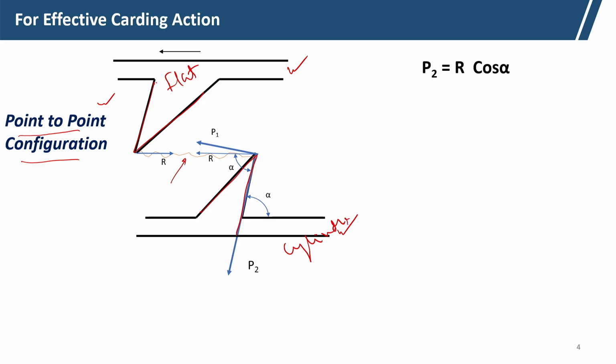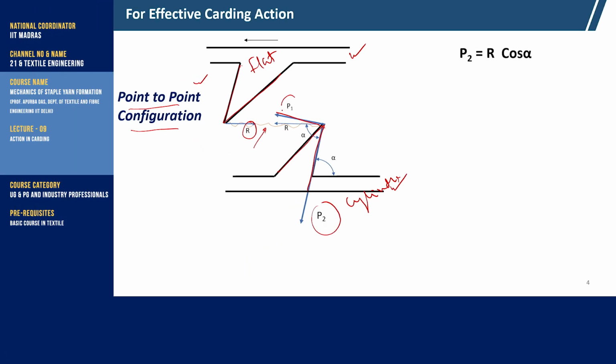Here the force on the fiber is termed R, with which the fibers are being forced, and this load R on the fiber can be resolved into two components: one component is P2, another component is P1, and the angle of inclination is alpha.